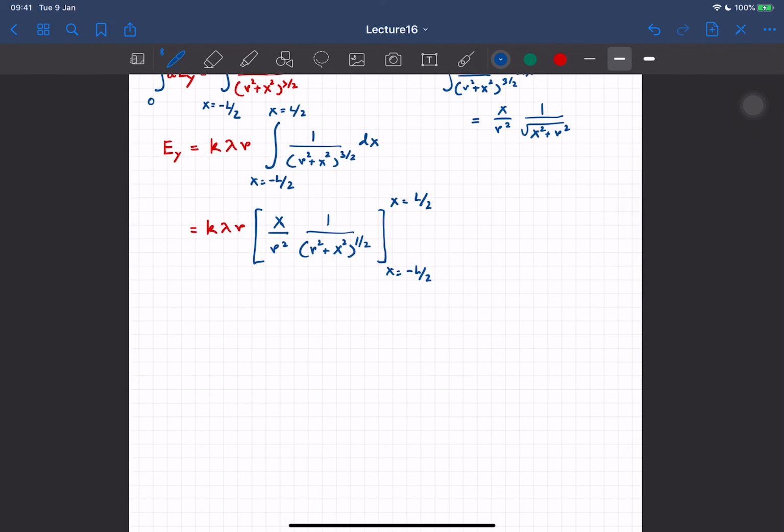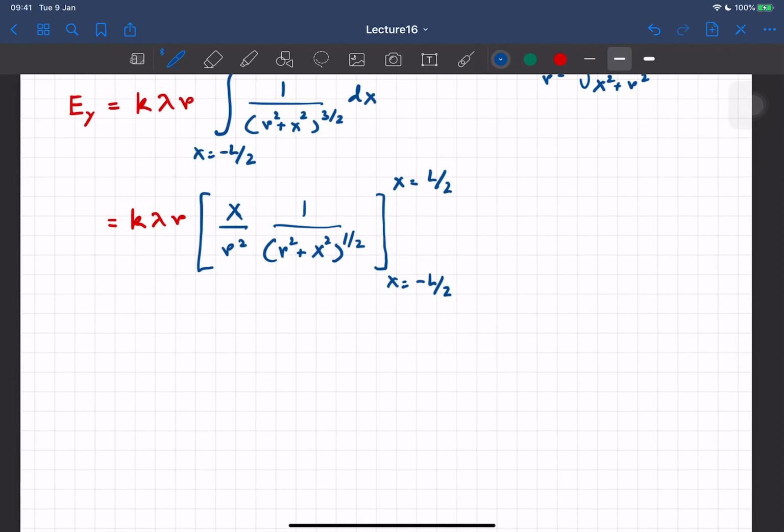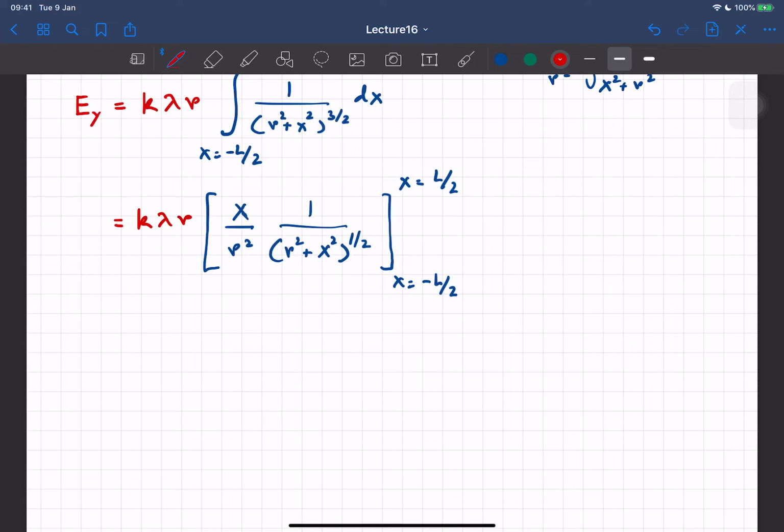Okay, and then the next step is you just substitute in the limits of integration. You can even cancel one factor of r here. That's what I'm going to do. Then here you're going to get L over 2 divided by r square plus L square over 4, to the 1/2.